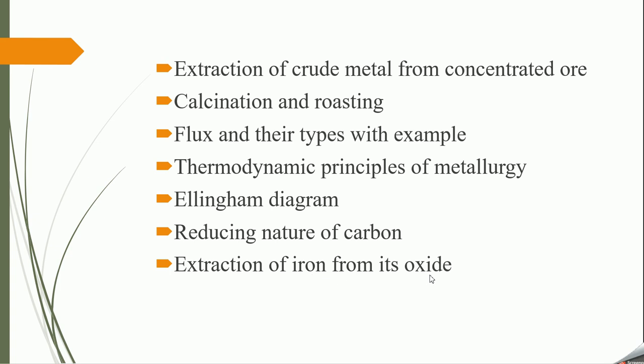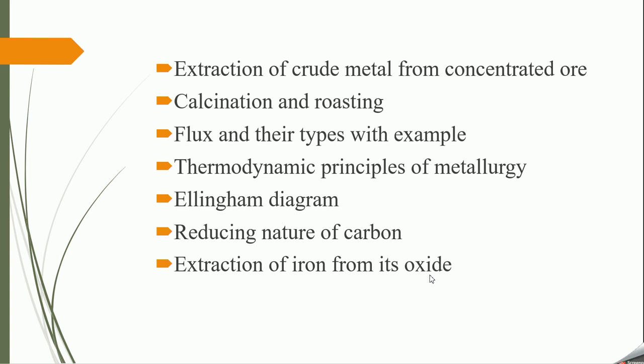So here you studied extraction of iron from hematite ore using blast furnace. There you studied the different chemical reactions taking place in the blast furnace, and at the end of the reaction you get iron in the form of pig iron. Here you studied iron may exist in three forms, that is pig iron, cast iron and wrought iron.